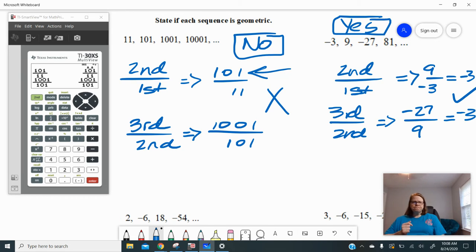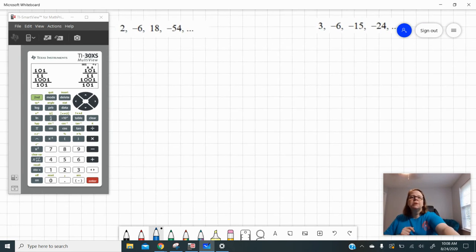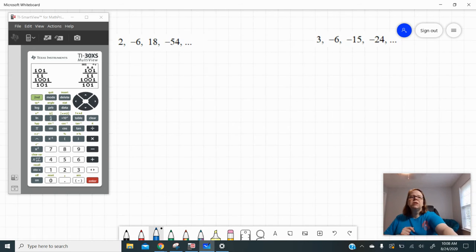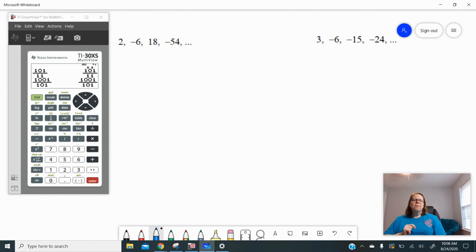Okay. So for those of you that stuck around, I promised that I would show you something else. Let's scroll up here. Let's look at these two. Now, one of the things that you can know about a geometric sequence is if there are negatives and positives in there, they should alternate, or there's no way it's a geometric sequence.